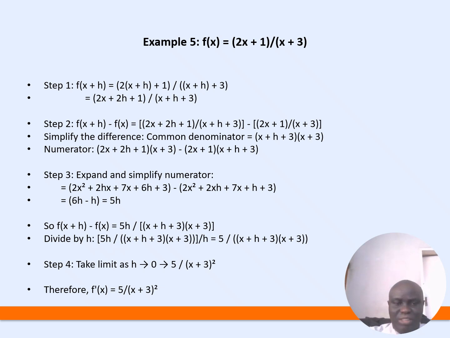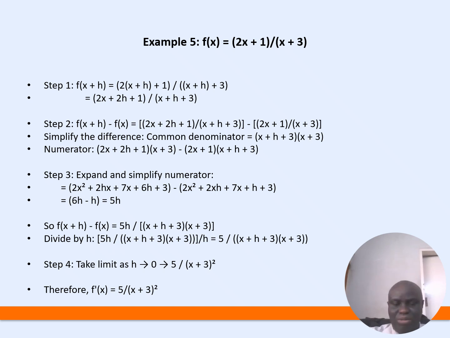You now move to the f of x plus h minus f of x, in which you are supposed to divide everything by what? By h. That is the one you have here. Divide through by h. After you have divided through by h, you will get your 5 on top. Then this one here must be a denominator factor.